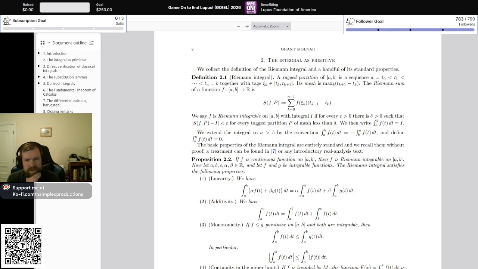For every maximum allowable error that we choose, there is going to be a delta such that the difference between the current sum value, the Riemann sum, and our true integral value will be less than that epsilon for every tagged partition P of mesh less than delta.